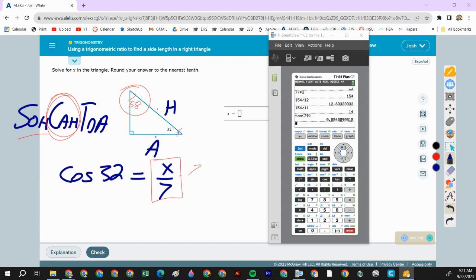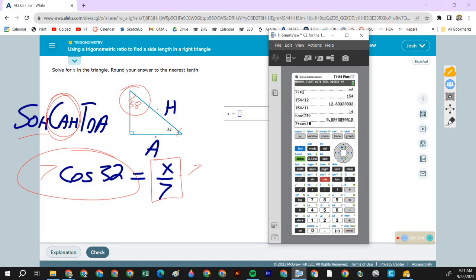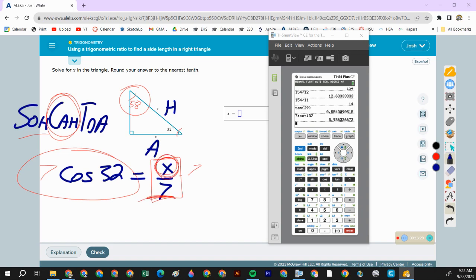So I times by 7, and the answer is just 7 cosine of 32. On my calculator, I push 7 times the cosine of 32, and I get 5.9. Okay? Now, I refer to these as a multiply problem. If your variable is on top, then to get this by itself, all you do is multiply by the denominator.